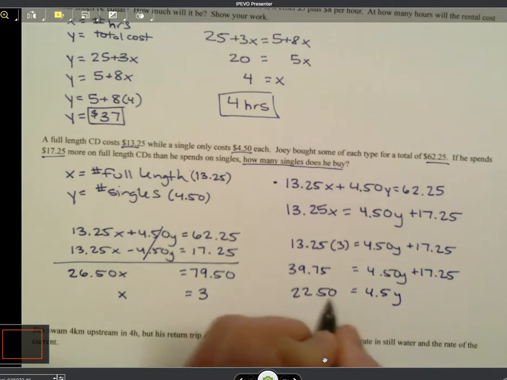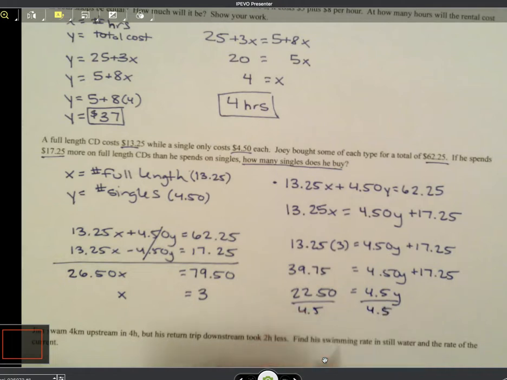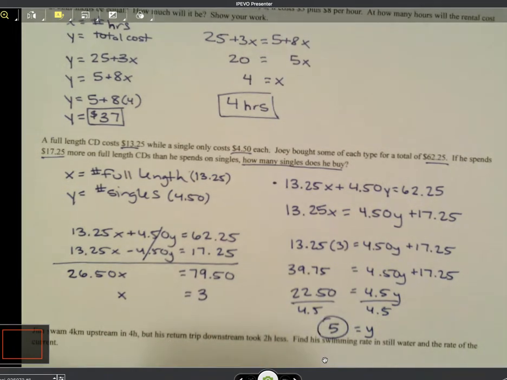And we divide by 4.5, and y is going to be 5. So how many singles does he buy? 5.